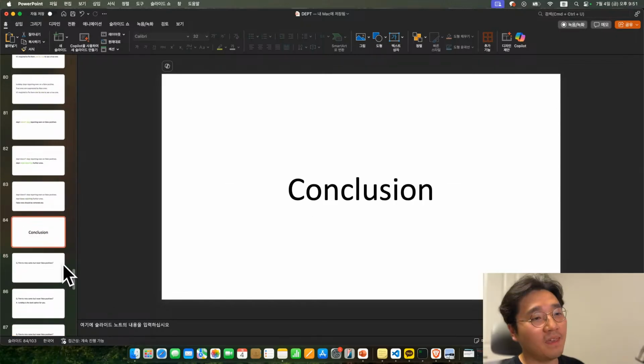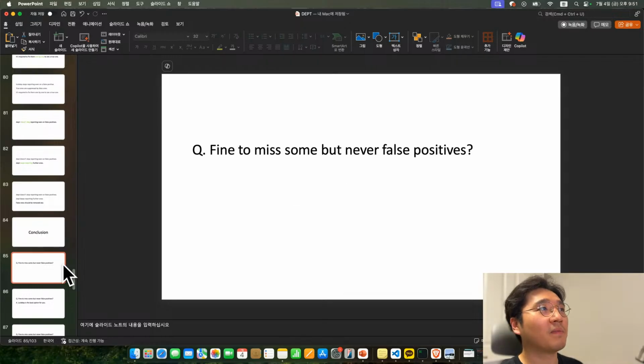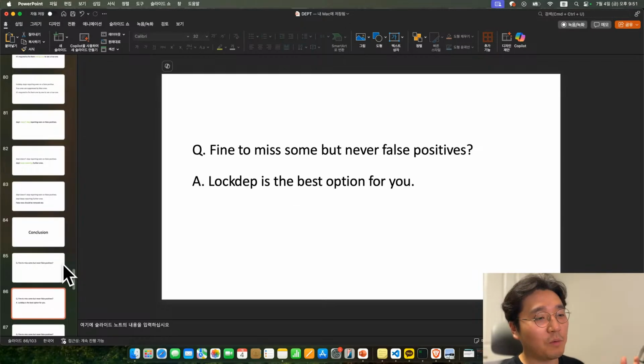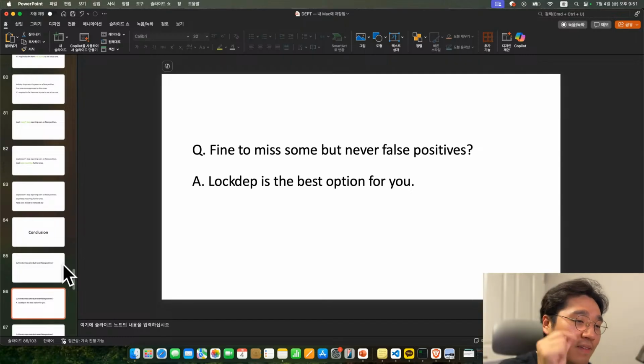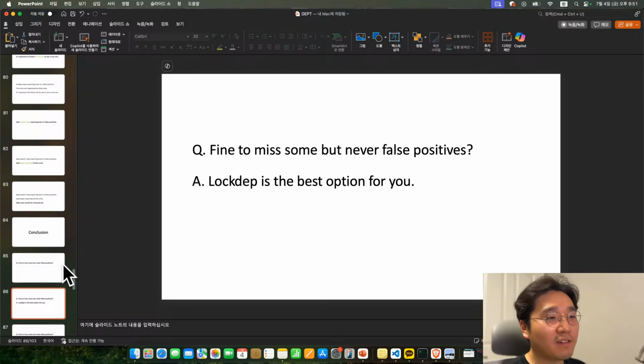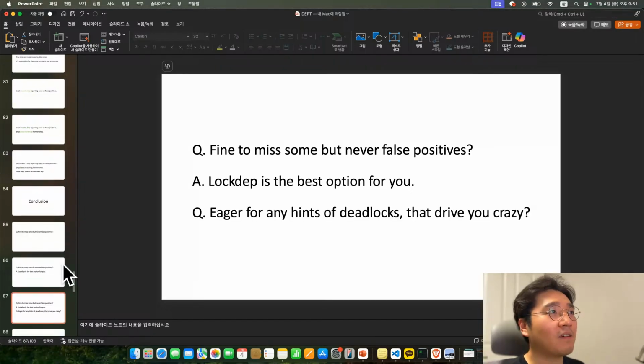So we can review from the question. If someone wants a lower percentage of false positives using Lockdep, it is your choice, right?